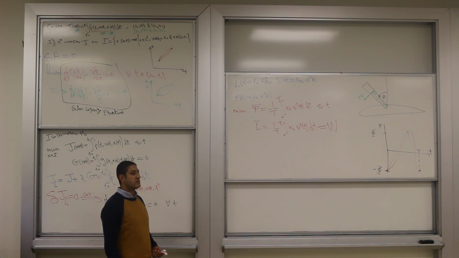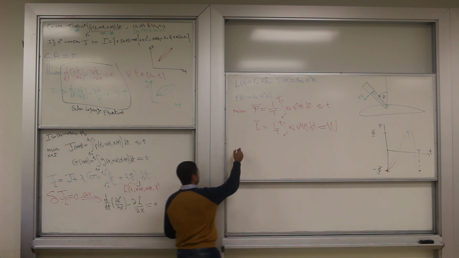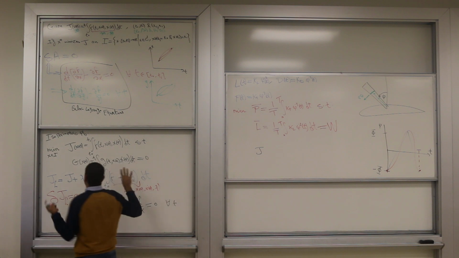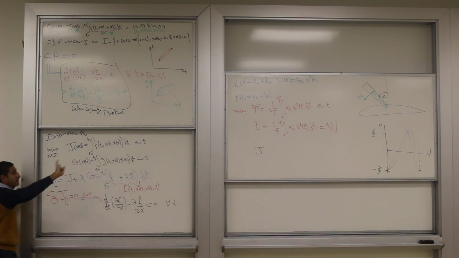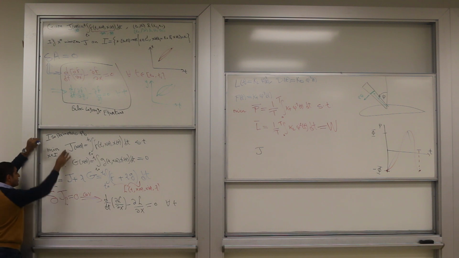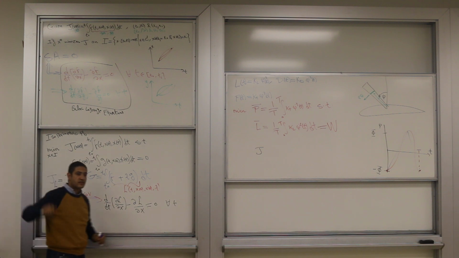Can you tell me what your J is? Calculus of variations, here is calculus of variations. I don't care about any of your physical details. Please provide me with your J and G and I will solve it. I'm just a pure math guy.